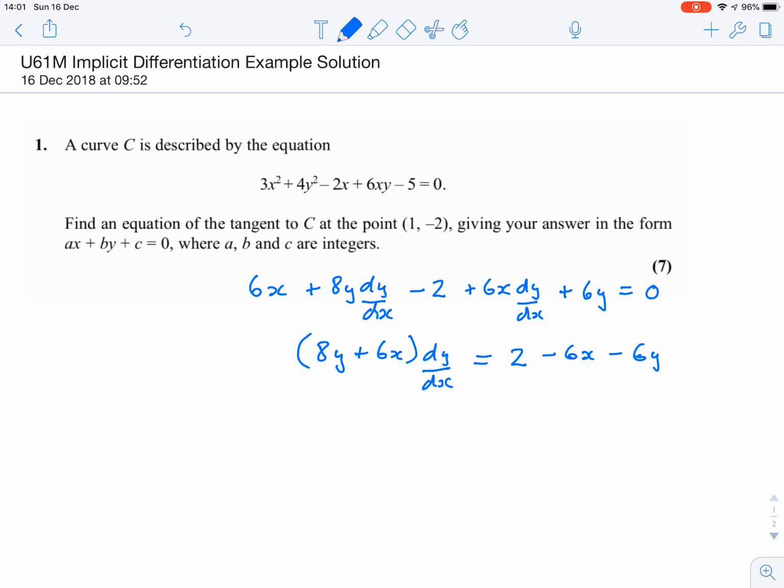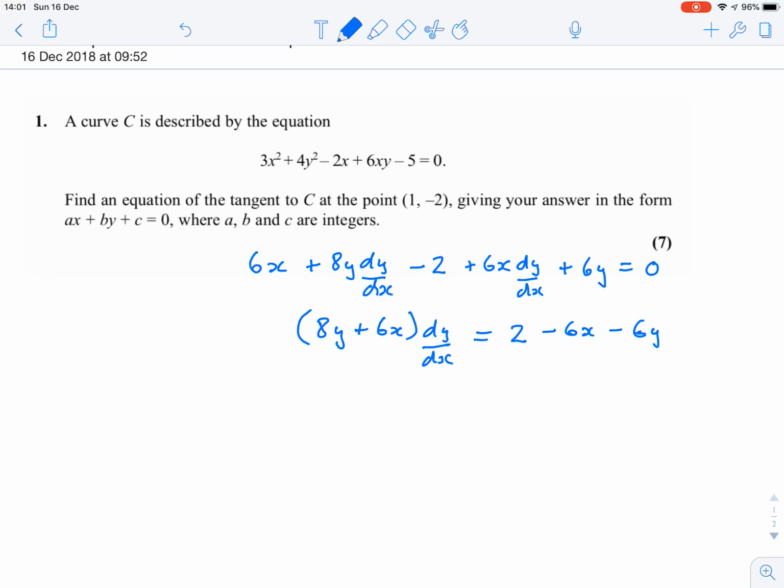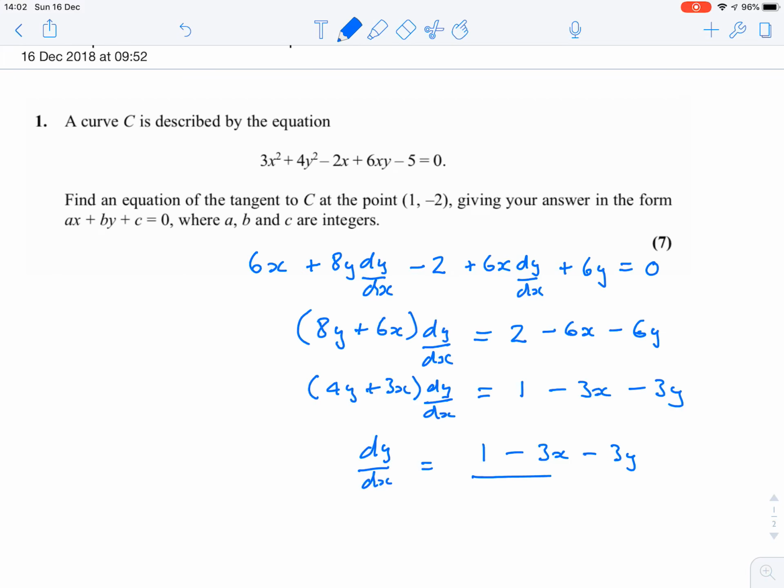Now here I can see a common factor of 2 running through the whole relationship, so let's divide through by 2, and we get (4y plus 3x) dy by dx is equal to 1 minus 3x minus 3y. So dy by dx is equal to (1 minus 3x minus 3y) divided by the bracket (4y plus 3x).